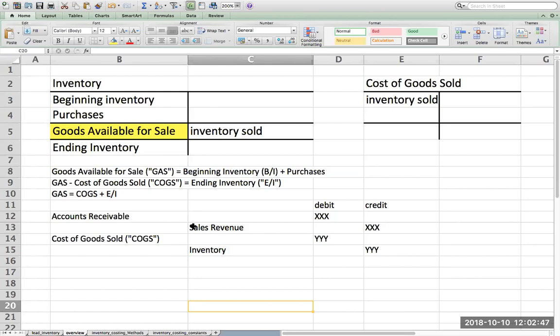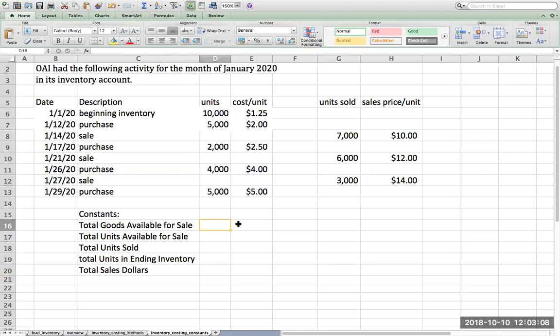When we're doing inventory costing, we're really just trying to figure out, okay, these are my goods available for sale. How do I determine that amount that's going to go to cost of goods sold? And then what am I going to have remaining in my ending inventory? So this constant, goods available for sale, is a very important number to compute because it will be the same everywhere.